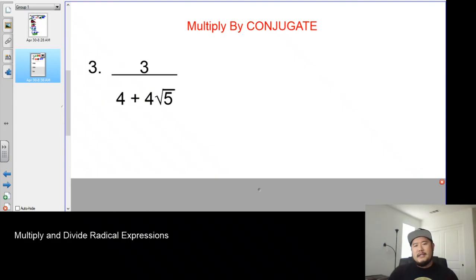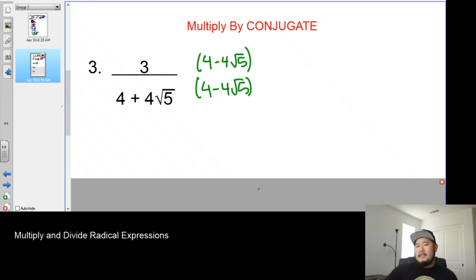So the conjugate is when you take that term and take the opposite of the middle sign. Meaning in between these 2 terms is a plus sign, so the conjugate will be 4 minus 4 rad 5. And we'll multiply top and bottom with that, 4 minus 4 rad 5.